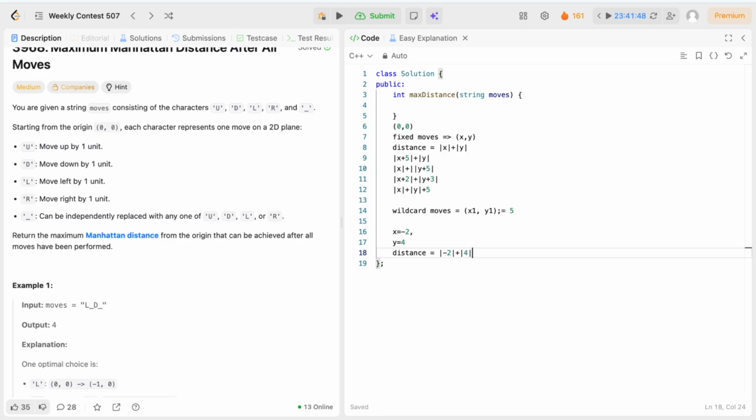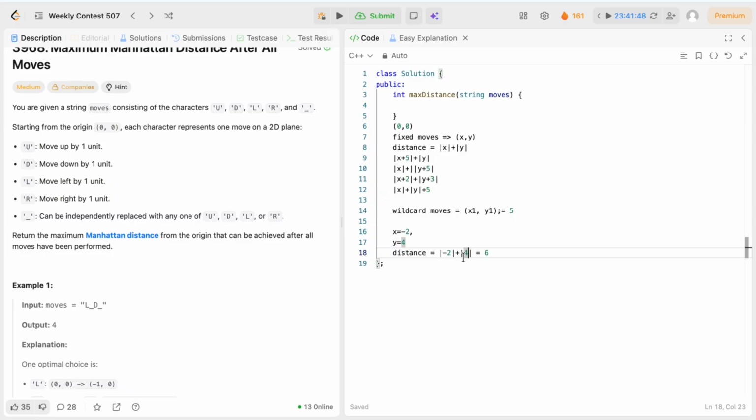Now I have to increase that, add wildcard moves. So you will say, okay, if I add 5 to -2, then it will become 3. Initially the value is 6. If I add 5 to -2, you will say 5 minus 2 is 3, and 4 plus 3 is 7. But if I add 5 to 4, then it will be 5 plus 4 is 9, and the final value will be 11. So they give different values.